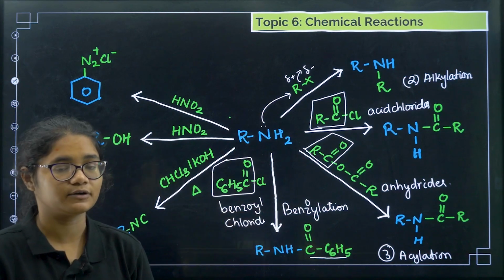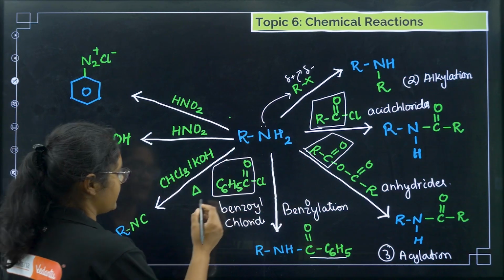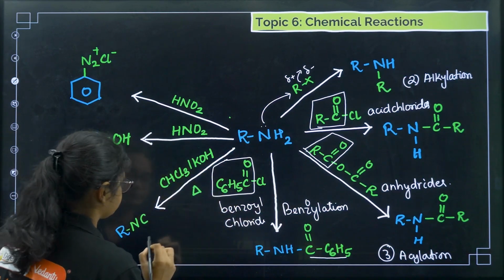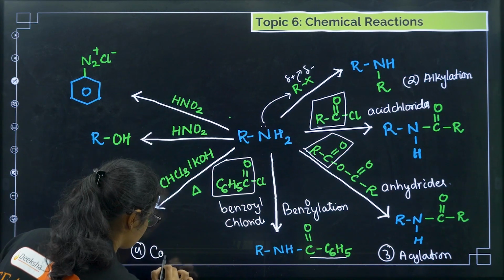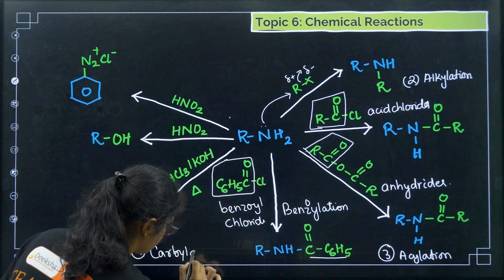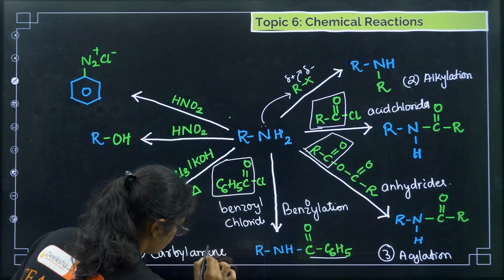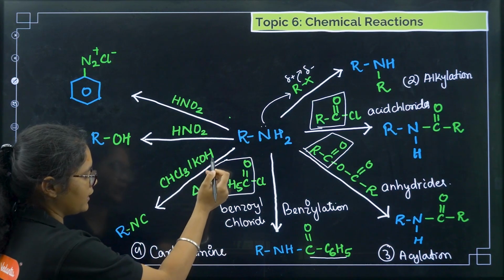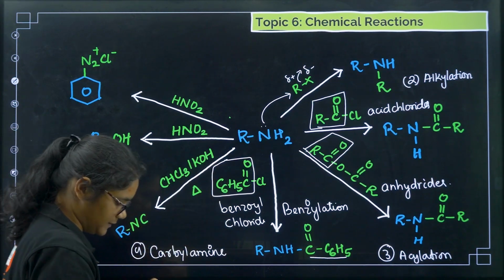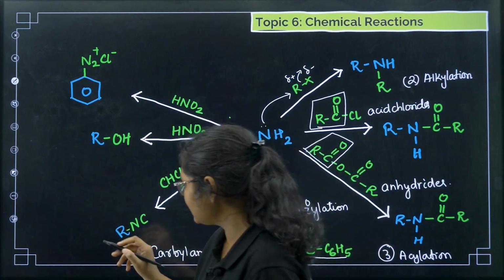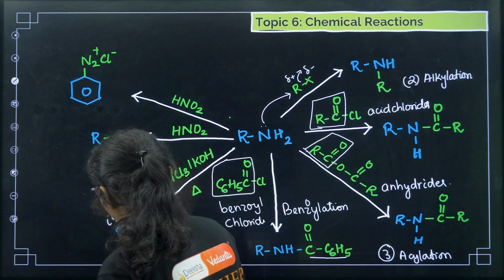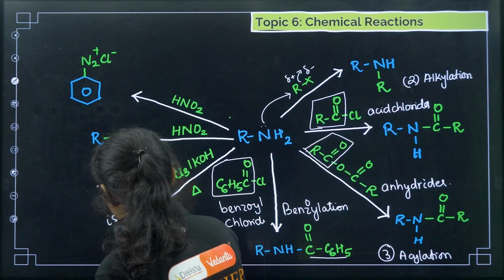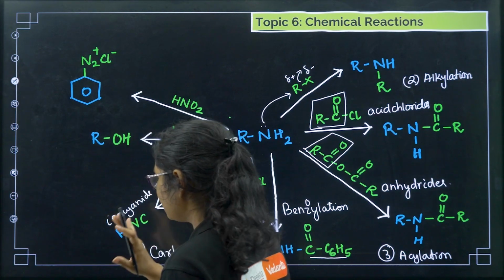Now the fourth reaction was the carbylamine test, right? So this is your fourth reaction, that is reaction with carbylamine. Here you need to take chloroform with KOH, and we get RNC. Now this RNC is your isocyanide, and this is very, very important.